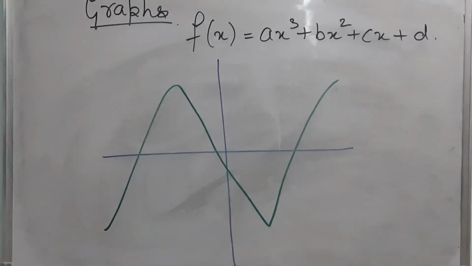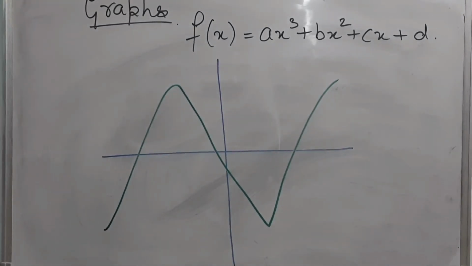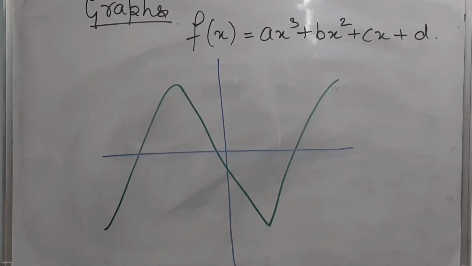The graphs will vary for different types of equations and questions, but the graph will look like this. A linear equation gives a straight line, a quadratic gives a parabola, and a cubic has a rise and fall in the curve.